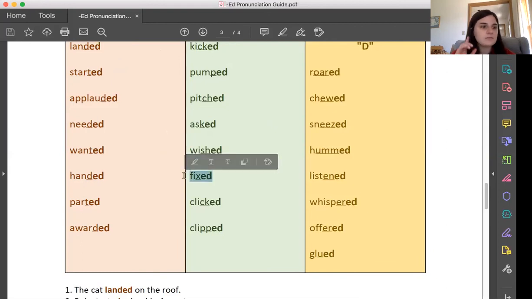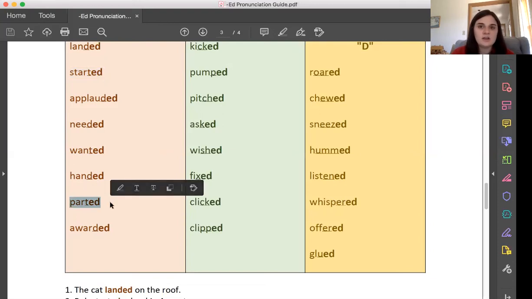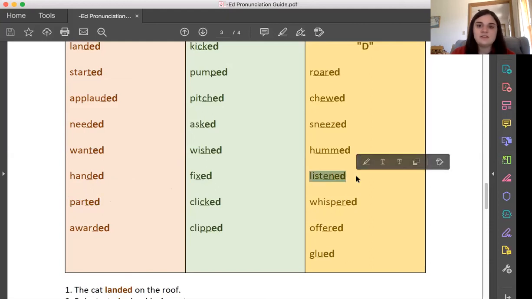Fixed, t. T sound. Chewed, d sound. Started, ed sound. Good. Let's try again. Parted. Listened.